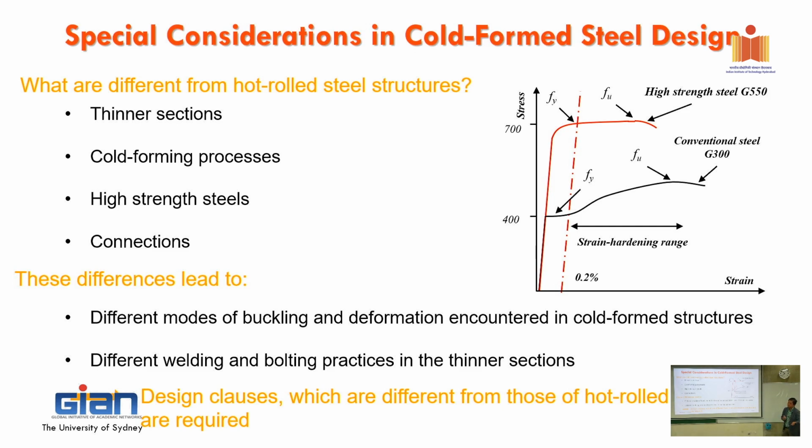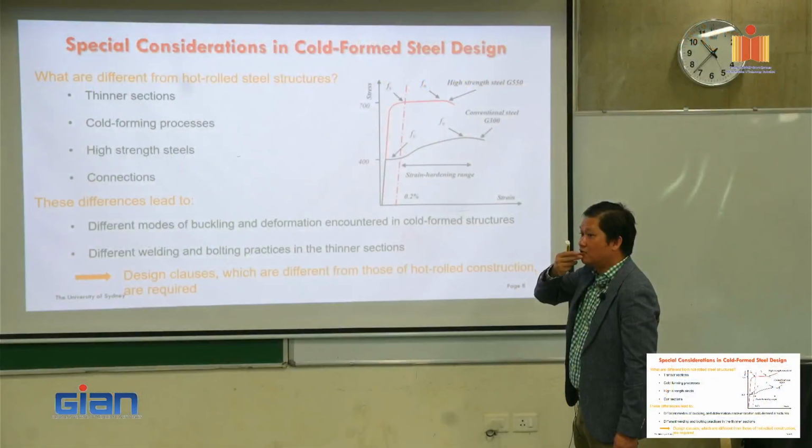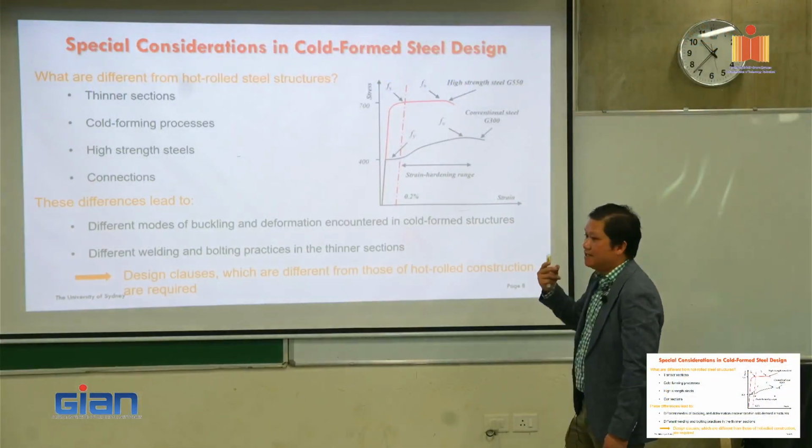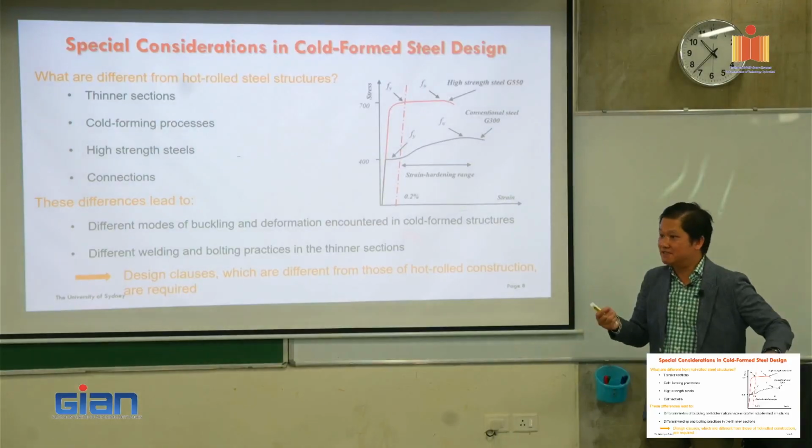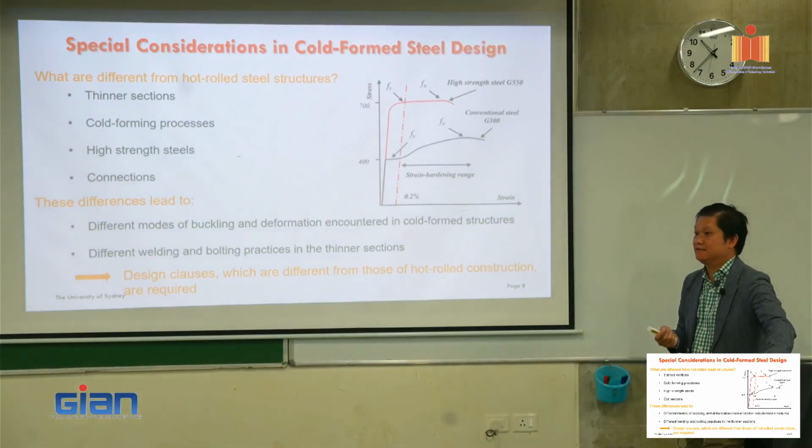What would be the strain range for this? You have marked the stress range, right? 400 and 700. What would be the strain range in cold formed steel? Yes, so in Australia we use G450 to G550.